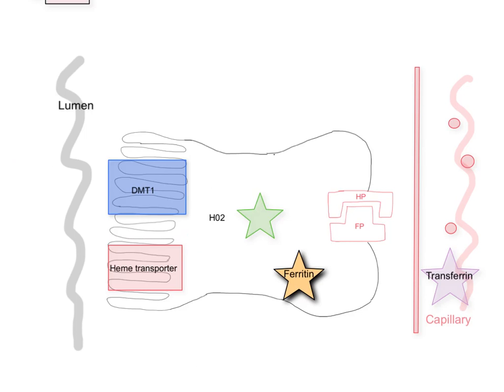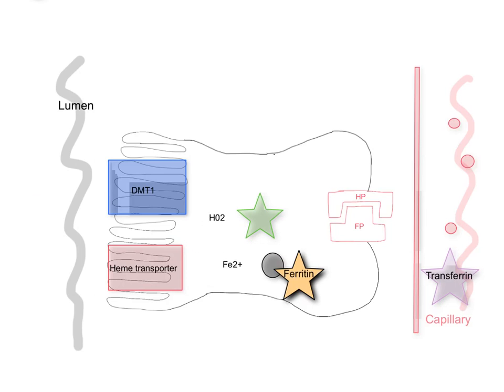In the case of heme iron, which is just like the hemoglobin in our blood, when we consume it in the form of meat from animals, it gets absorbed more easily than other forms of iron. At first it gets absorbed through a specific heme transporter into the enterocytes of the small intestines, and inside the enterocyte it will react with heme oxygenase 2 to free the iron from its porphyrin ring, so that now it's just iron 2.